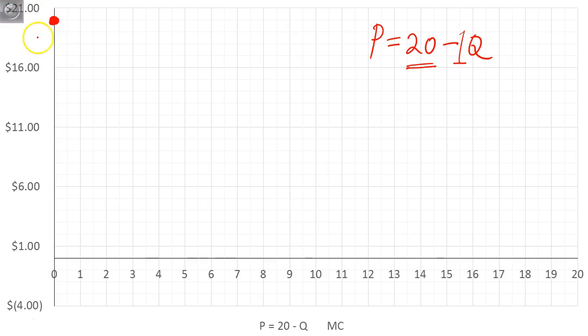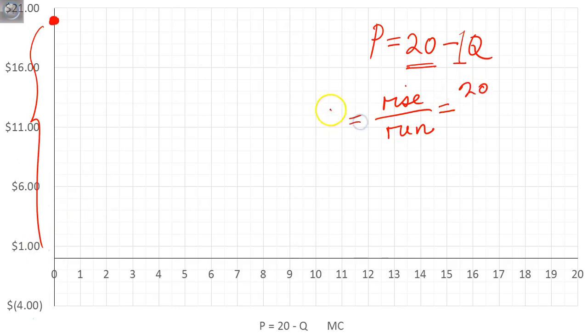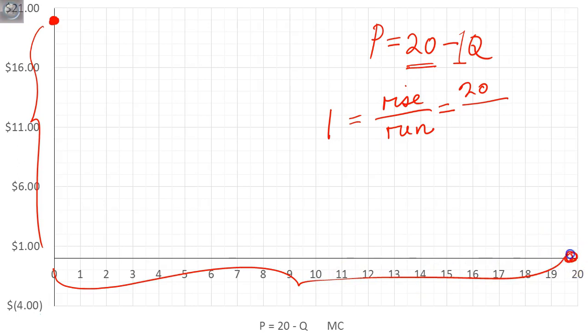So it must be the case that the rise over the run is, if the rise is 20 and this is 1, then it must be that the run is similarly 20.